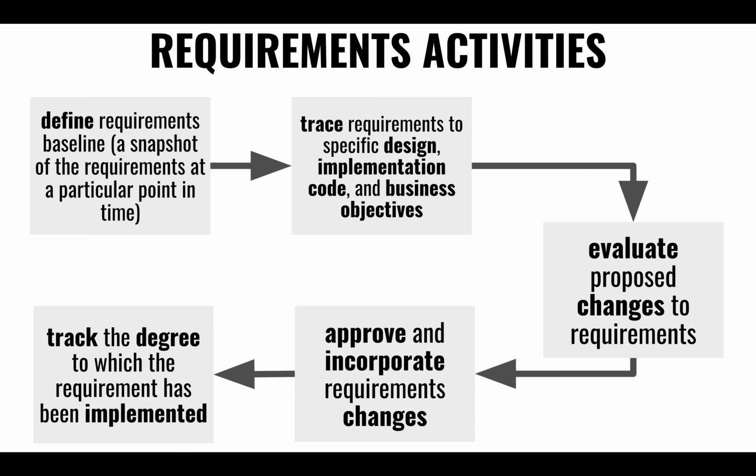Then we evaluate the proposed changes depending on the relative priority of other changes, right? We then schedule it for this phase or next phase or never, or we find other alternatives, or we reject it. It either gets approved or rejected.